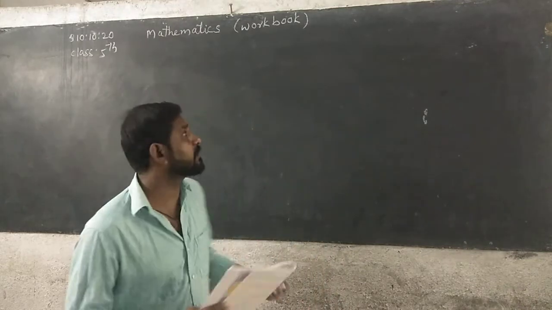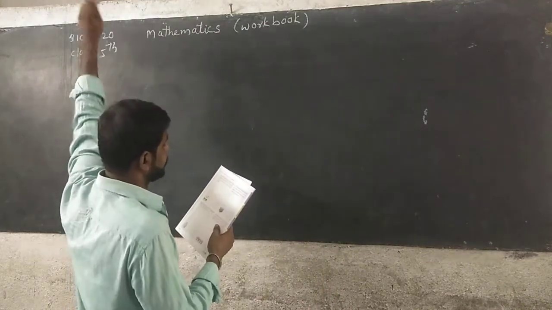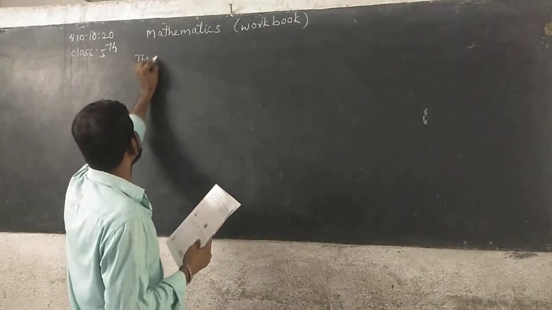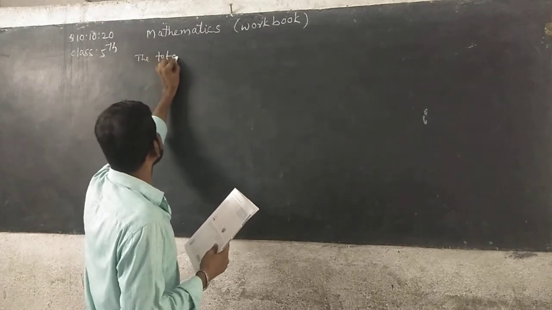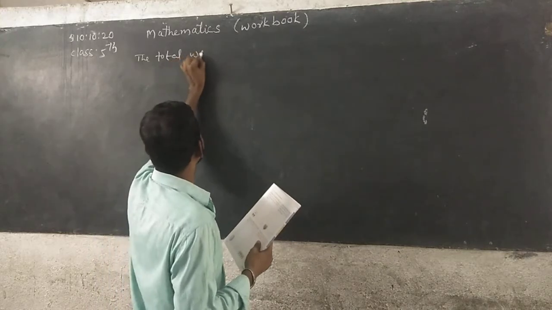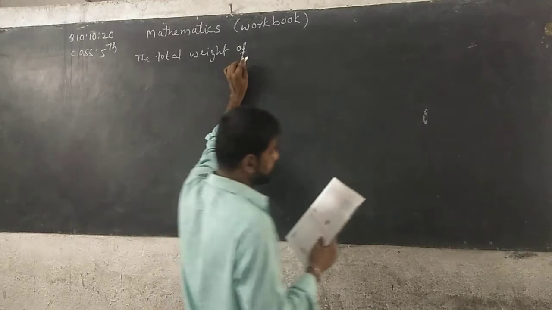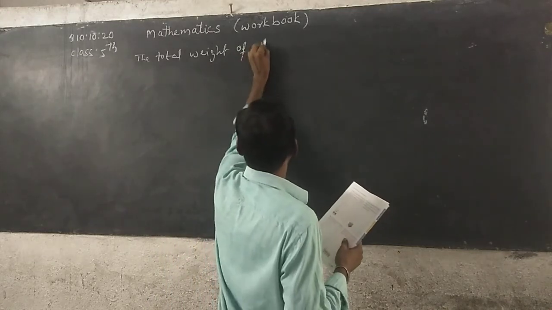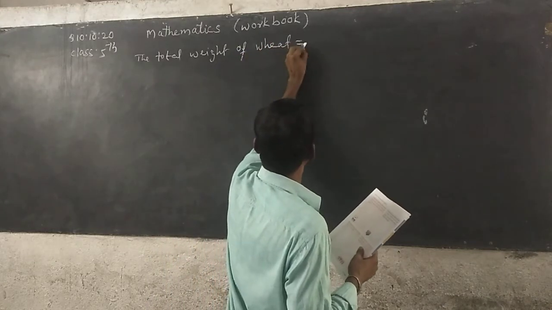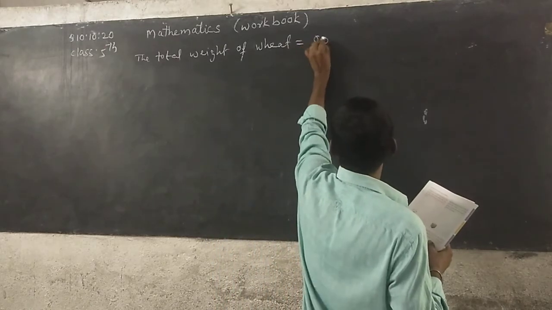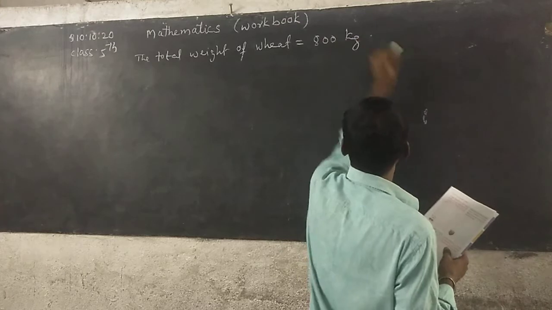See here, the total weight of wheat, that is equal to 800 kg. Kg means kilogram.